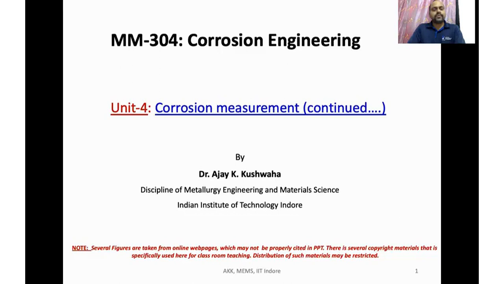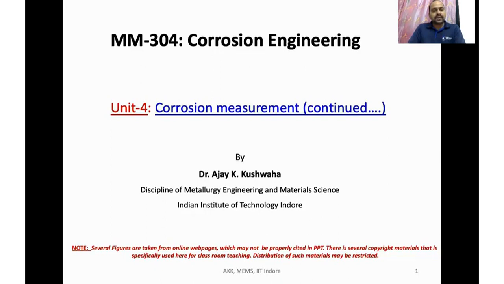And then we moved to the next topic, and in very brief we have discussed how we can use the electrochemical technique. So as we know, the corrosion is an electrochemical process, and that makes it very useful.